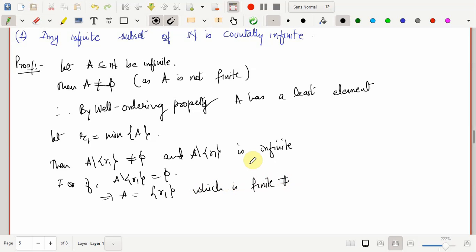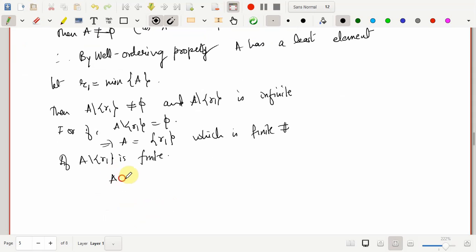When the set is infinite, you may remove as many elements as you want, the set will still remain infinite. And if it was finite, then A, which is A difference R1 union R1, being a union of finite sets, is finite, that's again a contradiction.